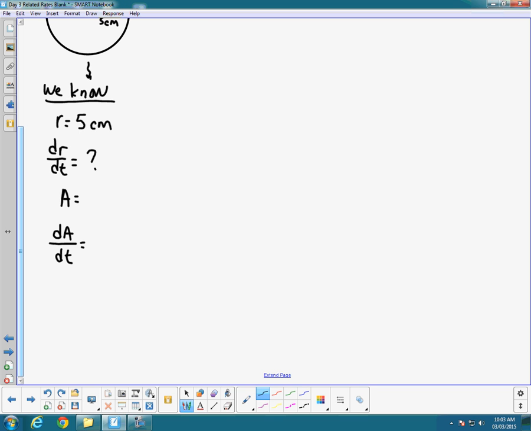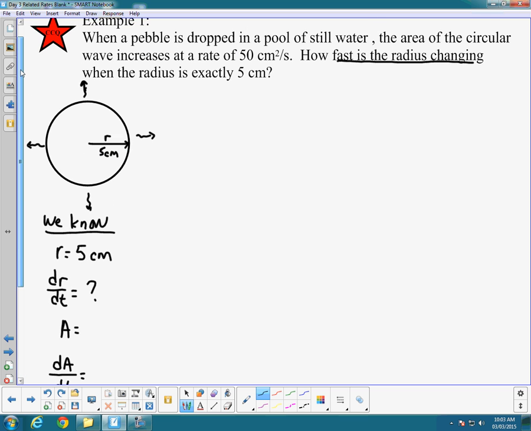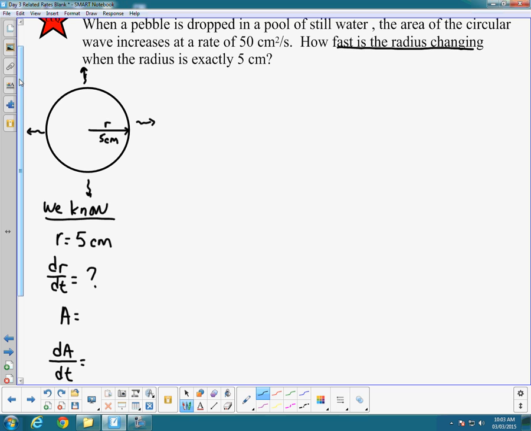So this is how fast the area is changing with respect to time. So if I go back in the question, I see that dA by dt is this, because the area of the circular wave increases at a rate of 50 centimeters squared per second.